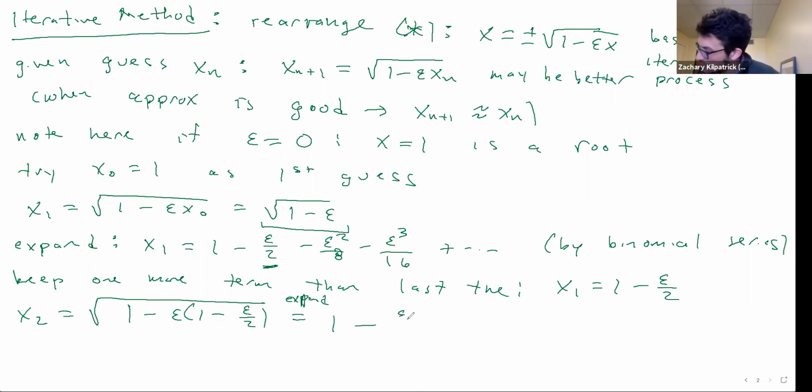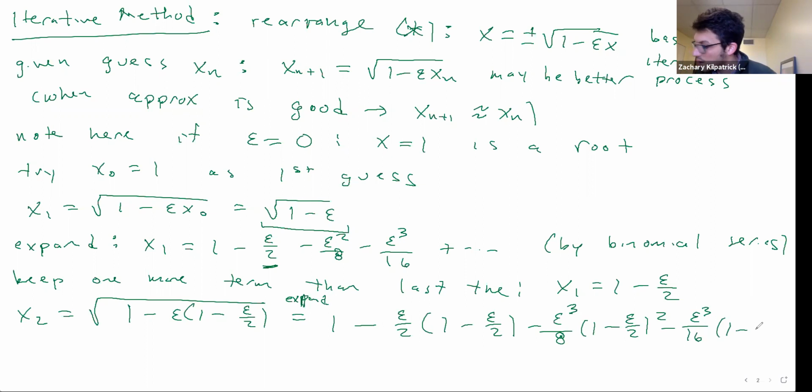1 minus epsilon over 2, minus epsilon cubed over 8, 1 minus epsilon over 2 squared, minus epsilon cubed over 16, 1 minus epsilon over 2 cubed plus dot, dot, dot. So again, I'm just using the binomial series.